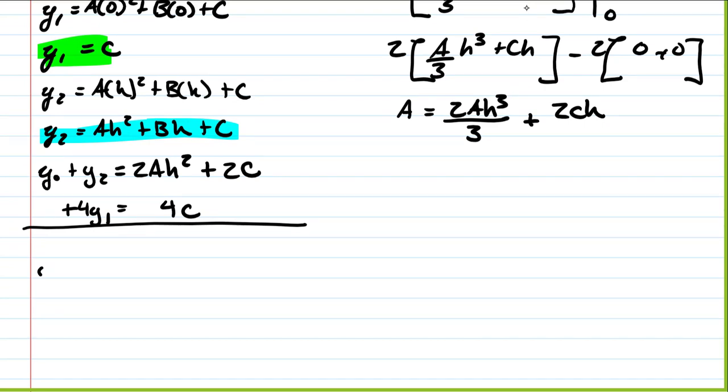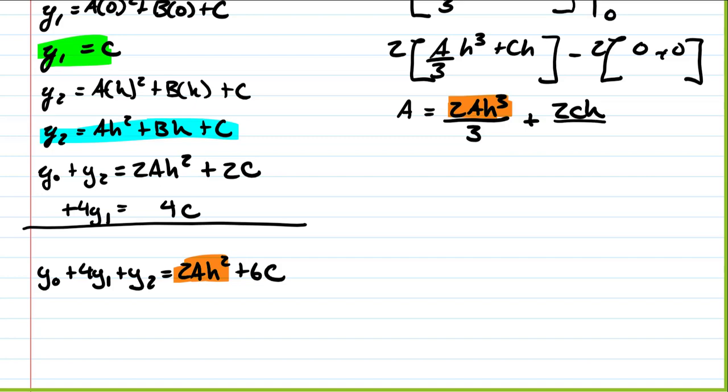So then that would give me that y0 plus 4y1 plus y2 is equal to 2ah squared plus 6c. Right? And you're looking at this and you're like, seems like he's trying to cook something. I see this here, but I don't see that over here, right? We don't have the plus 6c. We do, it's just wearing a hat and a scarf.